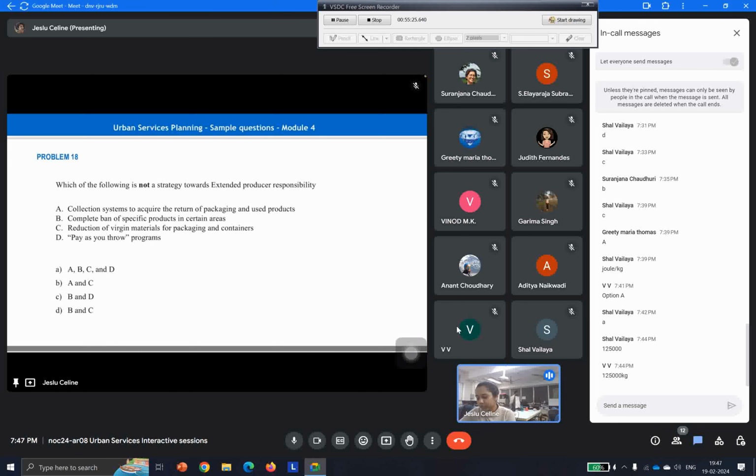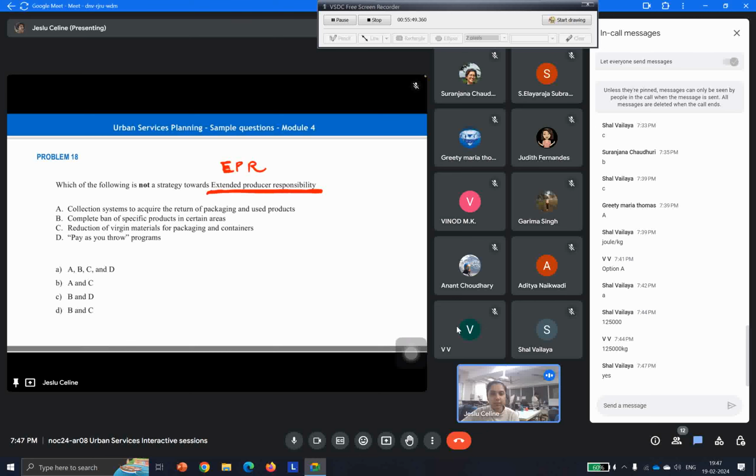So first one, collection systems to acquire the return of packing and used product. Is that part of extended producer responsibility? EPR. We've discussed EPR before in one of the questions also. It just means that the producer has some duties in terms of the packing material or product that they are serving, that it should not contaminate the environment.